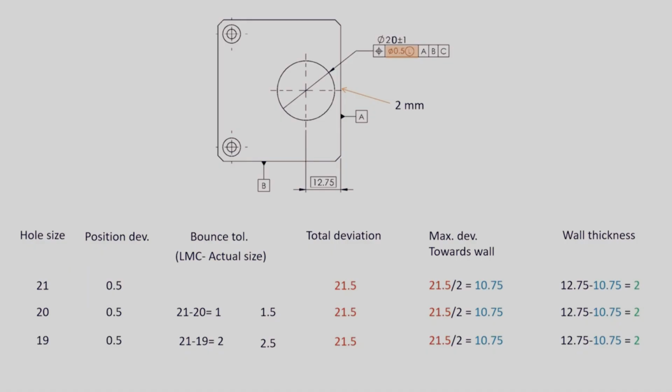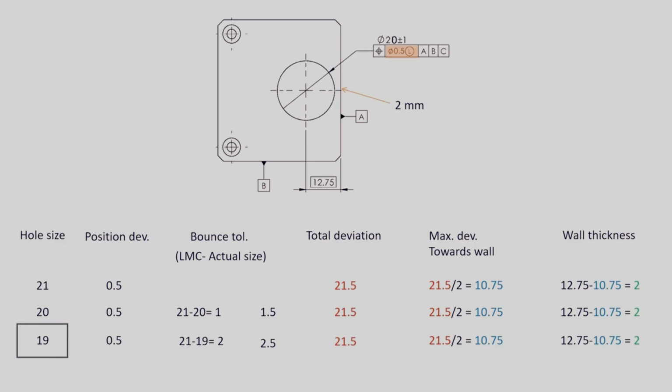If the hole size reduced to 20 mm, it's moving towards MMC, the bonus tolerance will be LMC minus actual size, 21 minus 20, 1 mm. Meaning, the total allowable position deviation becomes 1.5 mm, while still maintaining the 2 mm wall thickness.